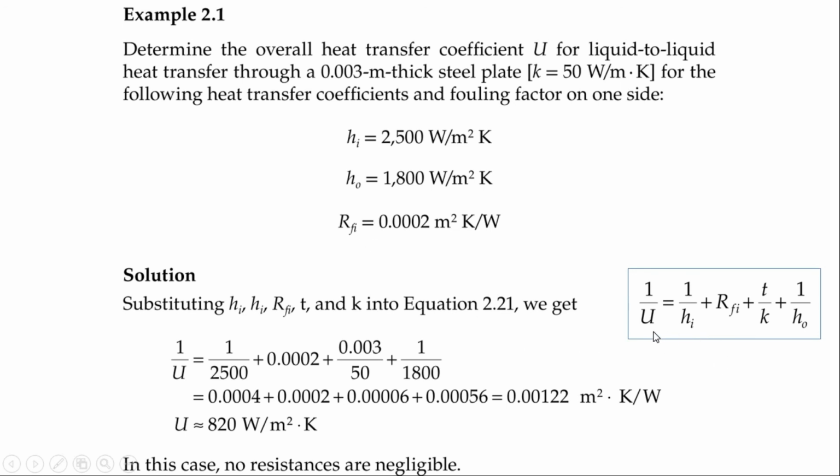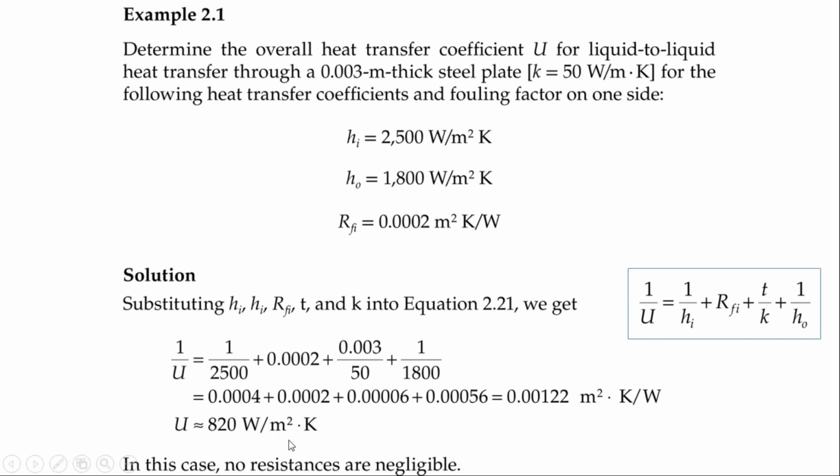To determine the overall heat transfer coefficient, this is the overall formula. H naught is given, K, the thermal conductivity, is given in the question statement, the fouling factor is also given, and the HI value is also given. After putting in all the values, you will get the overall heat transfer coefficient, which is 820 watt per meter square per Kelvin.